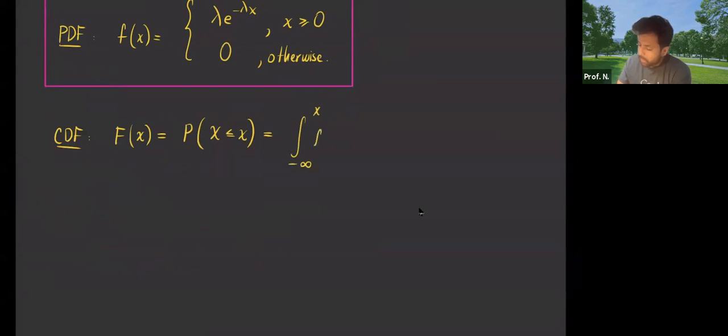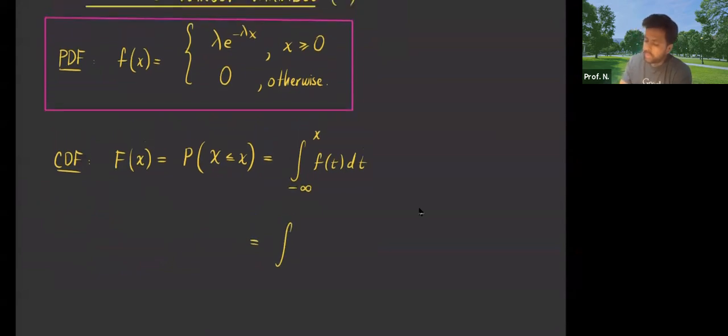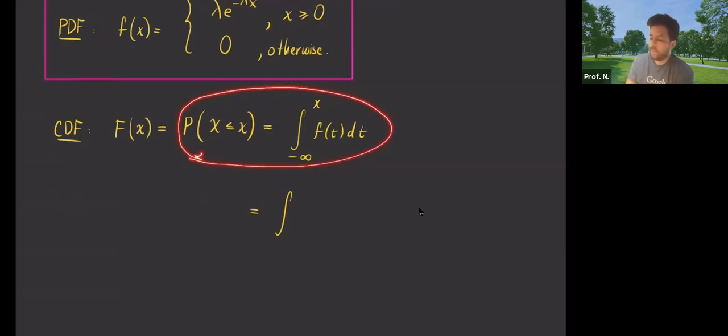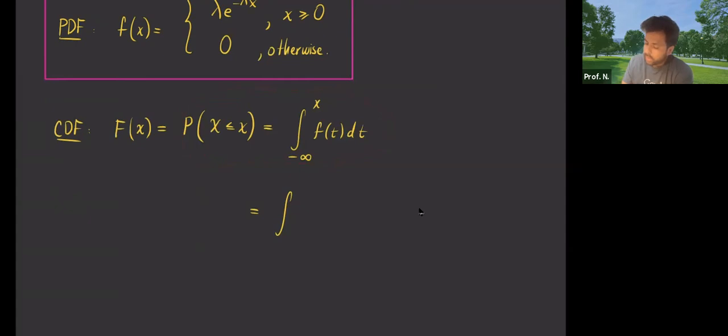And let's call this f of t, just to change the variables a bit. And of course, there's nothing at negative infinity or to 0. So the PDF is only defined when x is bigger than 0. We have to account for the fact that the PDF is given in this form.